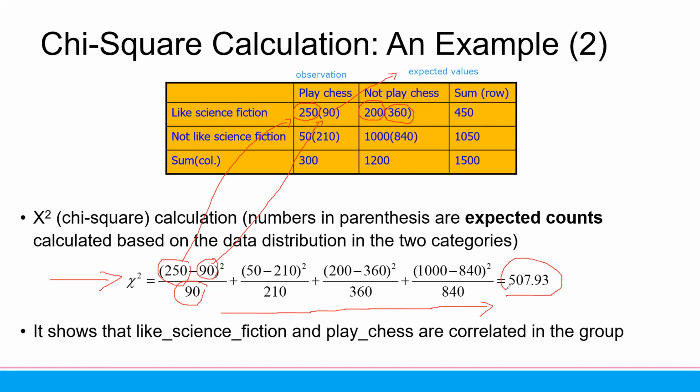This value is big. Because it has a big value, we can say that there is a correlation between science fiction and chess.